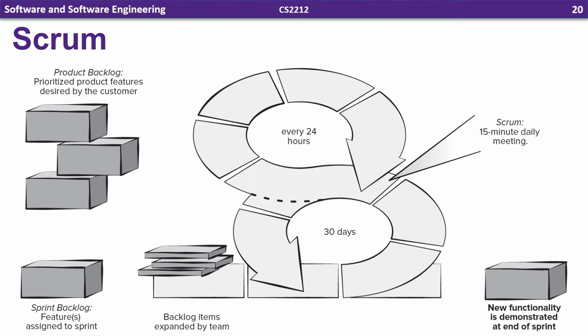After the end of the sprint, we then have those product demos, and that new functionality is demonstrated. It says 30 days here, but again, it can range from 2 weeks to up to 6 weeks. From the examples I've seen in real life, a lot of teams now seem to be focusing on 2-week sprints, but again, it's a process that has to be adapted to your individual needs.